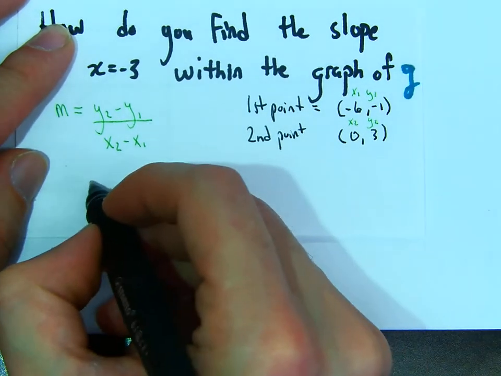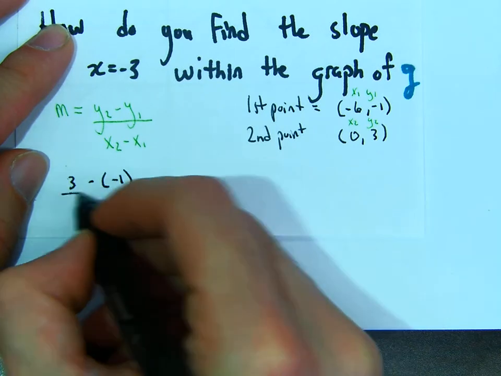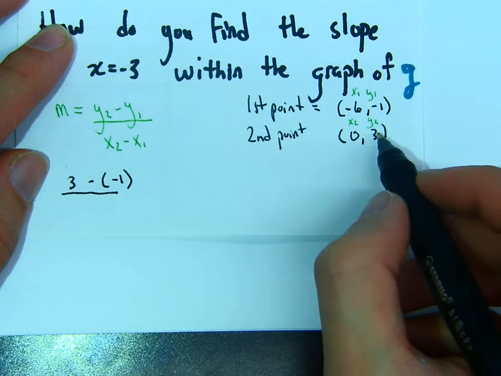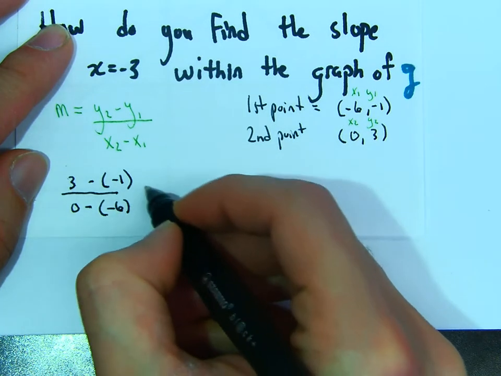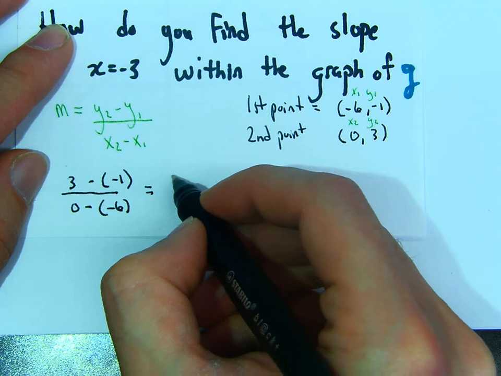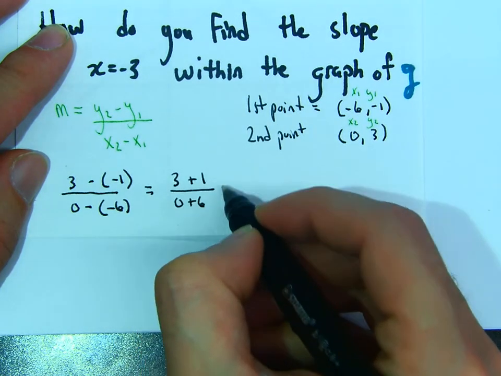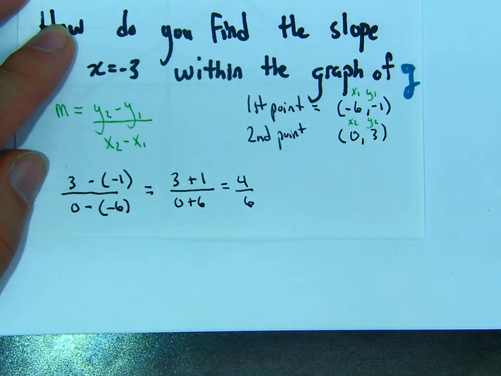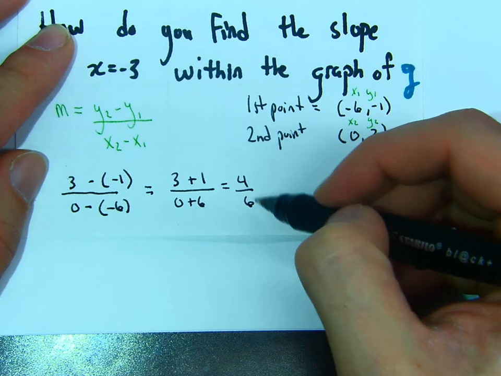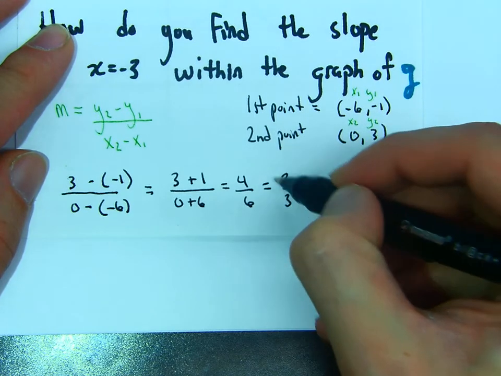So this is going to be 3 minus a -1 over 0 minus a -6. So this just becomes 3 plus 1 over 0 plus 6, which is 4 over 6. And then take your time. Can you simplify this? You can simplify this as 2 over 3.